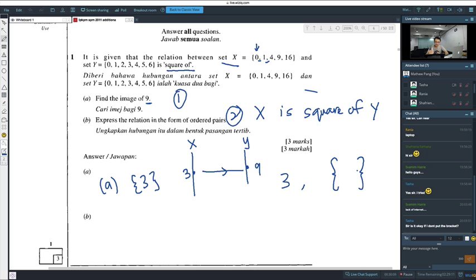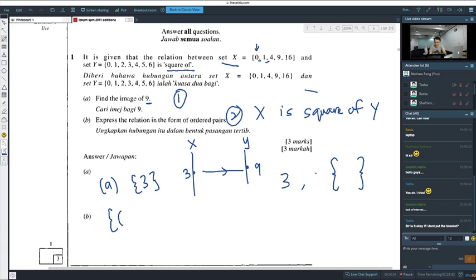Alright, so for part B, express the relation in the form of ordered pairs. That means now you have to pair them. So 0 I will pair with 0, and then 1 I will pair with... no, I don't recommend you write like this. Let's write again. I think using the bracket to sort them will be better.